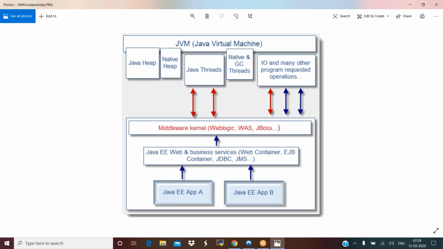Whatever objects are running, it will send all of them to the executor.